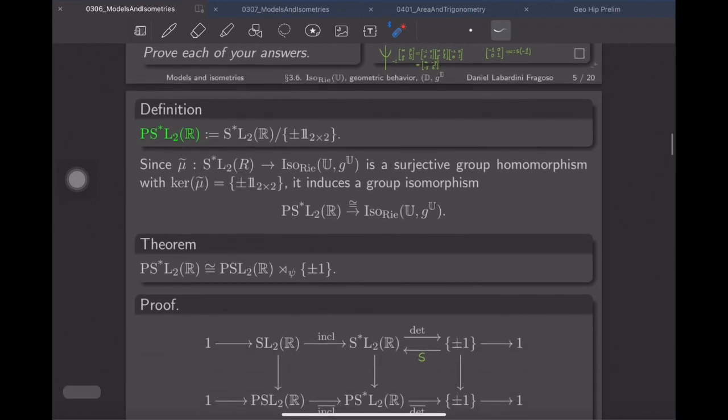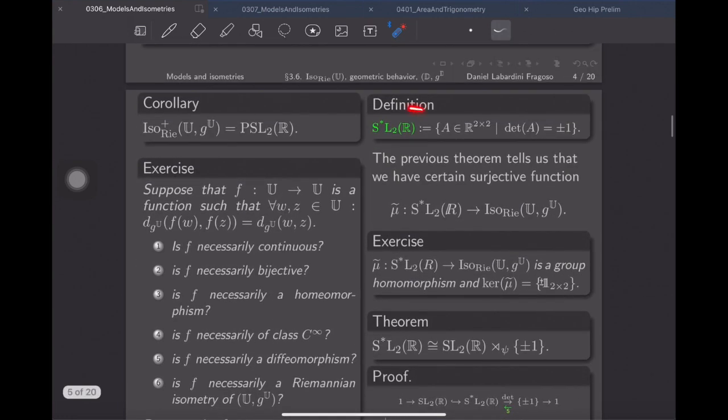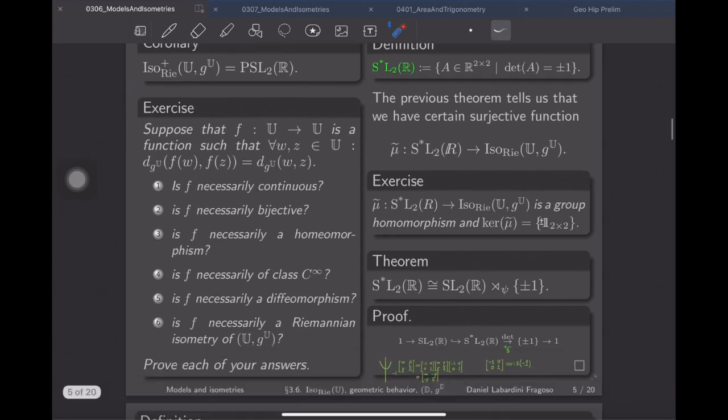So with this isomorphism, we are presenting the full isometric group. We are showing that it's almost a group of matrices of determinant plus or minus 1, except that again one has to mod out plus minus the identity, because for an isometry we cannot distinguish between a matrix and minus the matrix.